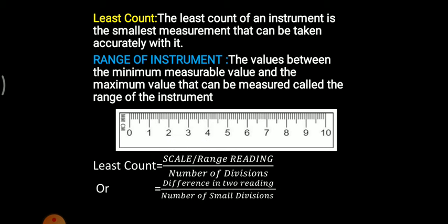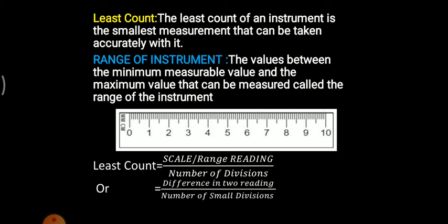So the difference between these two numbers is 1, and the number of small lines is known as the number of divisions. If you count properly, the number of divisions between these two numbers is 10.